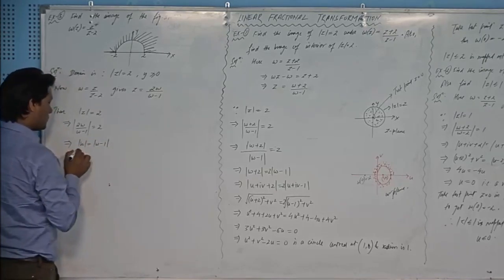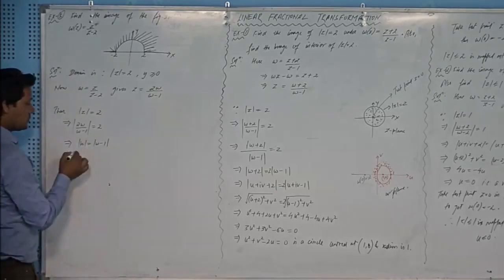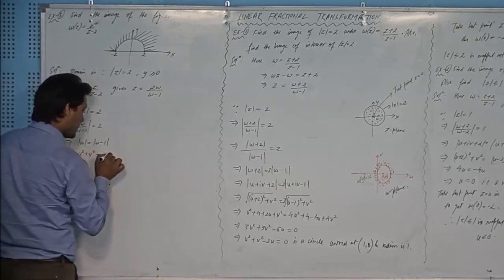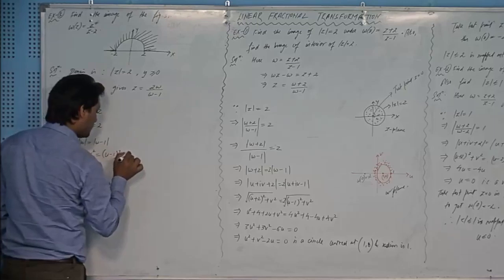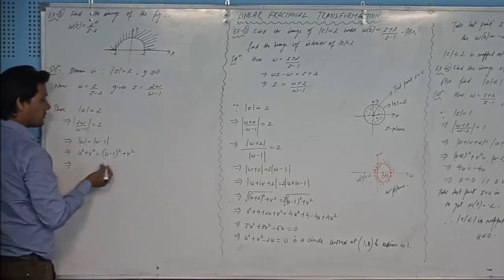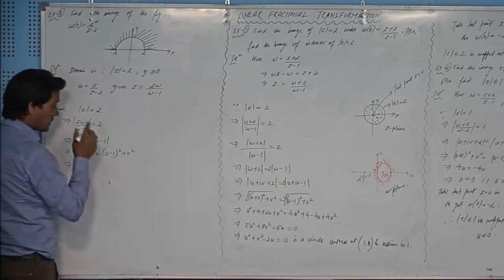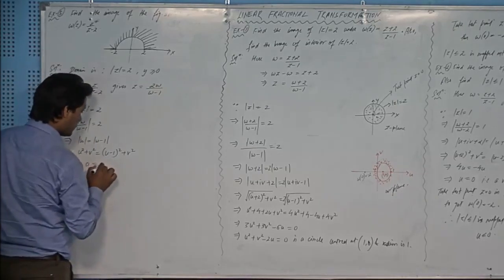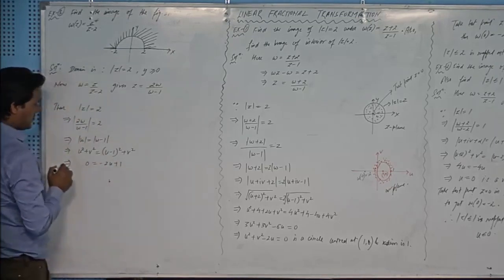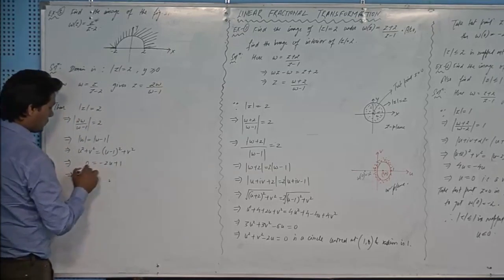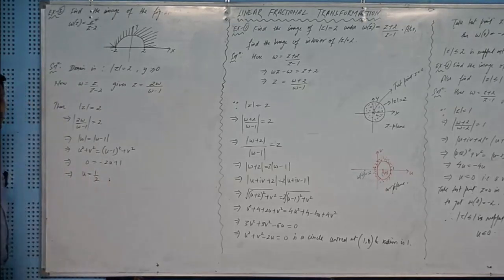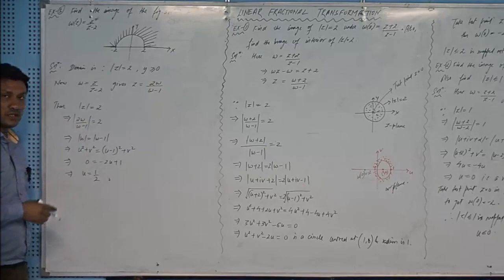And then you will put u plus iota v in place of w, and squaring you will get u square plus v square equal to u minus 1 whole square plus v square. Then u square plus v square will be cancelled out, and ultimately that will give u equal to 1 over 2, and that is a straight line. Again, u equal to half is a vertical line, right?